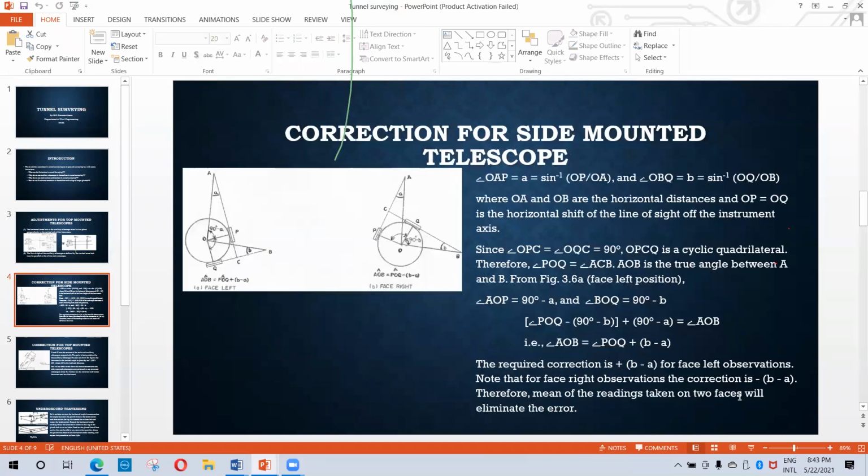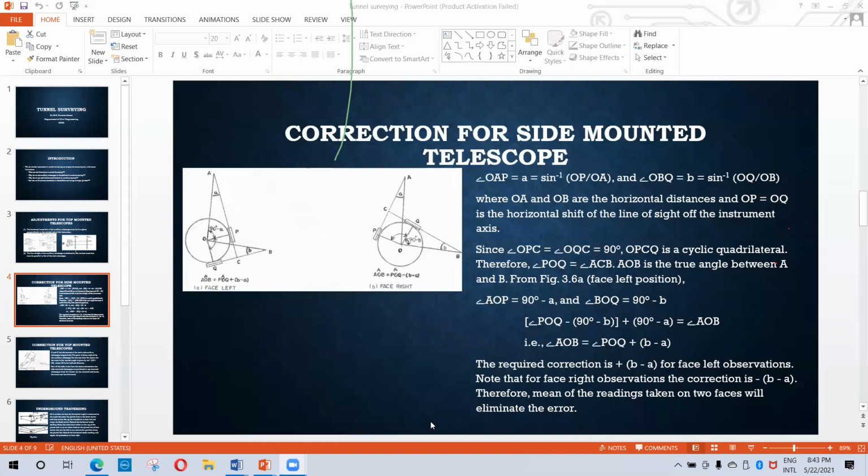Now let's talk about corrections for side-mounted telescopes, right? Now, when you're going to do corrections for side-mounted telescopes, first, why do we need corrections? Do you understand why we need corrections?